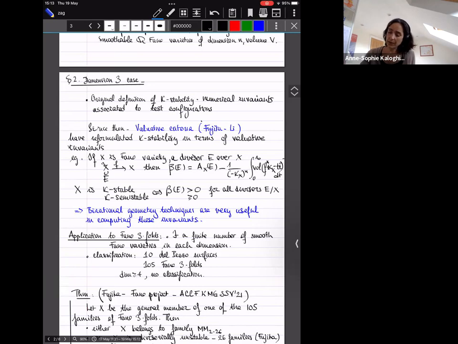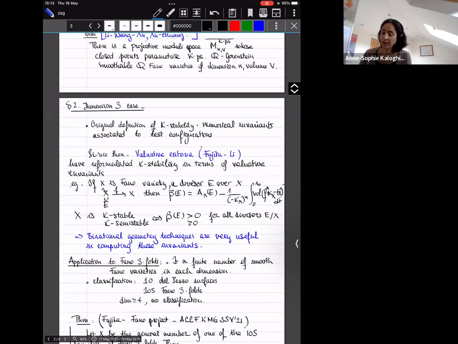Here, what I should say is that this classification tells us a lot of information about the varieties we're looking at. These classifications are in terms of contraction maps that the Fano might have to other projective varieties. I'll come back to that.